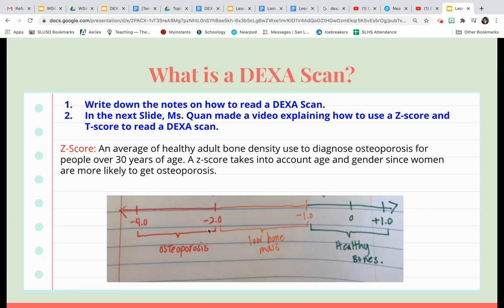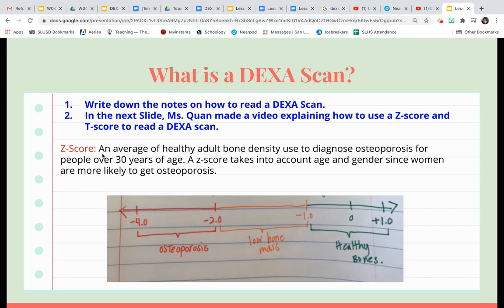So this is only for individuals over 30. And for individuals over 30 who have a Z-score of something greater than -2 all the way to -1 would be at risk for osteoporosis or have low bone mass. That's another term for it. And then anything above -0.1 to 1 is considered healthy for their age, right?